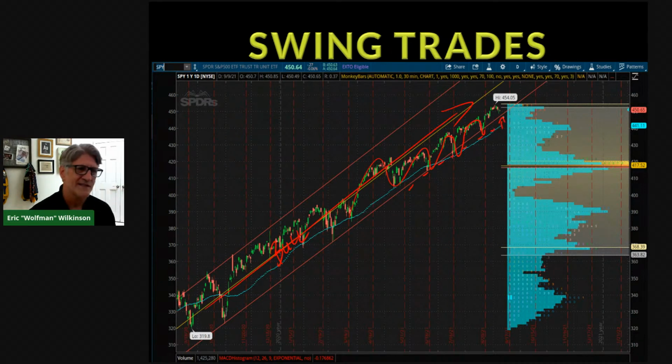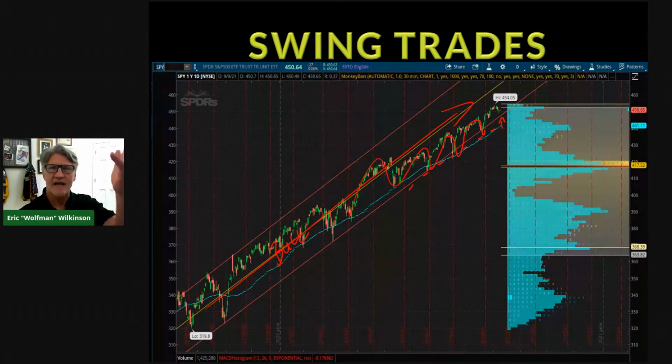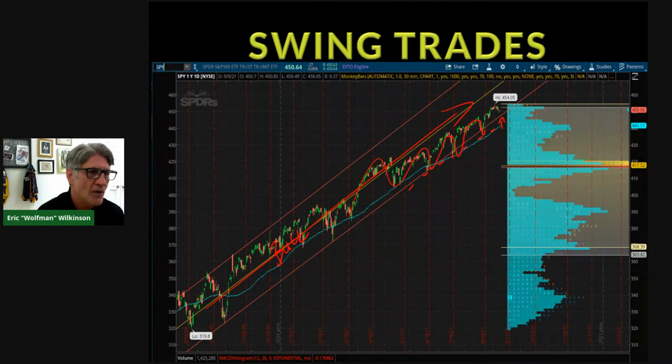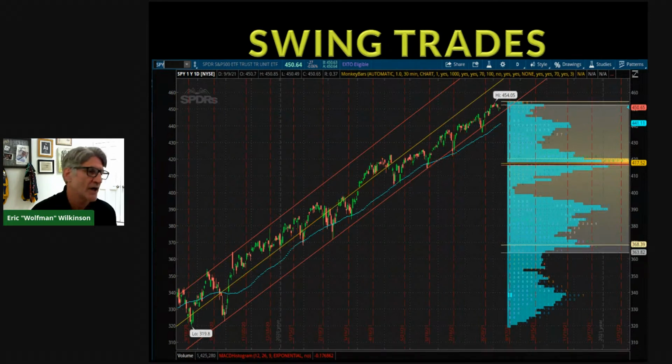Now, one of the things is it didn't quite come down and hit that trend channel, but we can see that we've got a pattern that is looking to set up for a bullish move here. All right. So in this case, you would have a bull trend with a bull pattern that you would be setting up a trade on.